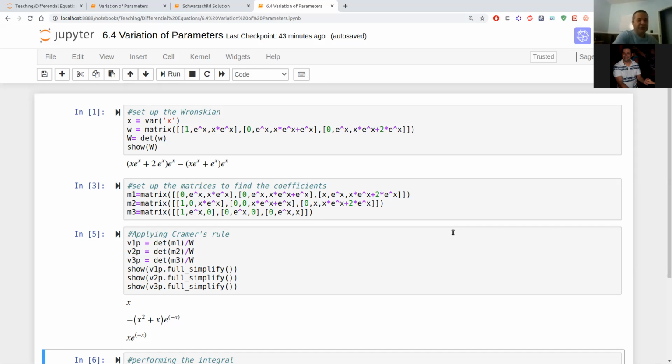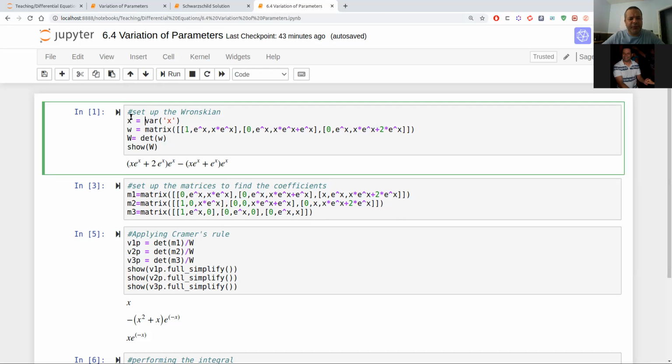Okay, so here is, I've already set it up. Let's set up the Wronskian. So what did I do first? I set up a variable x. I set my matrix. This is my W matrix that I was calling.